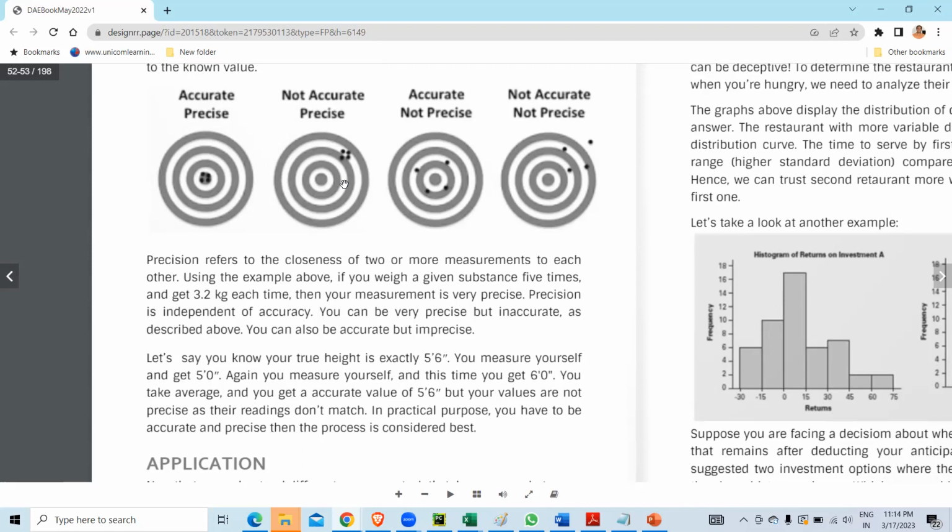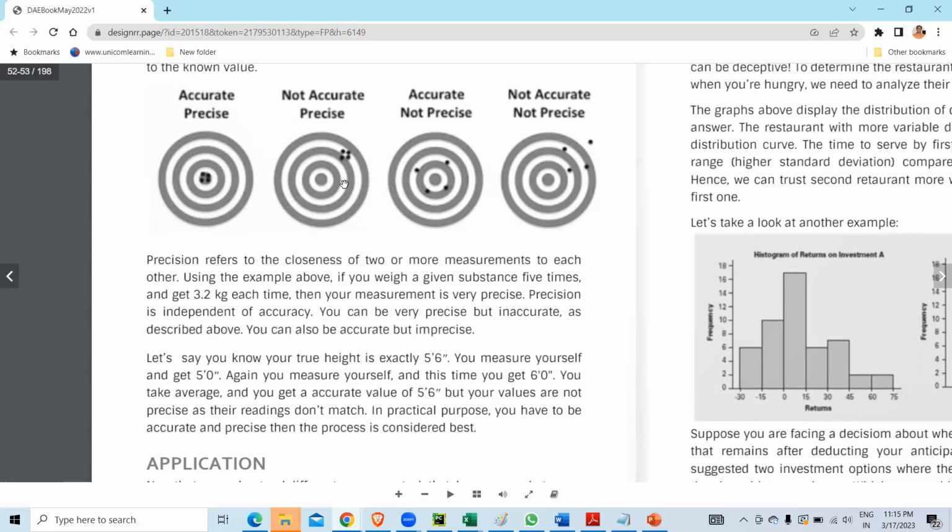When deviation is less, the dots will be closer. So your deviation is linked to precision. When you say precise and accurate, there's a difference. Your standard deviation is linked to precision and your mean is linked to accuracy.